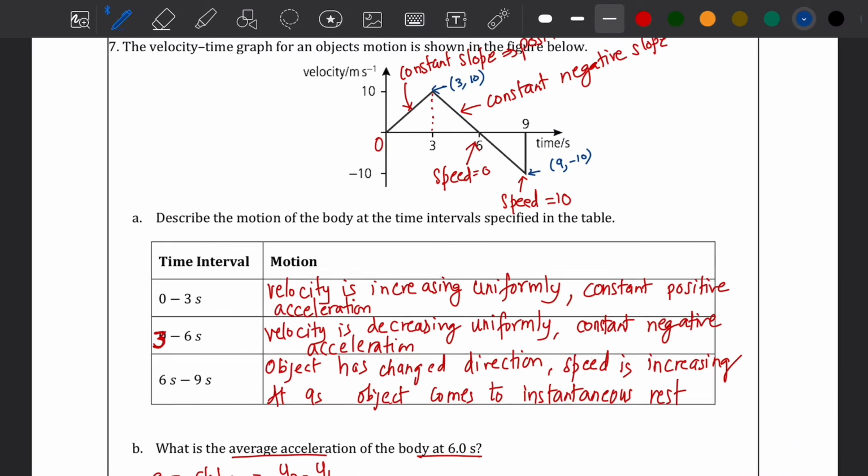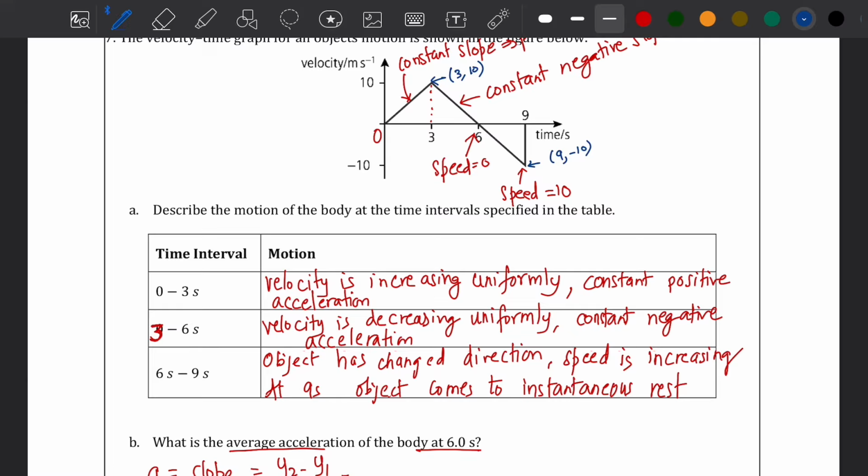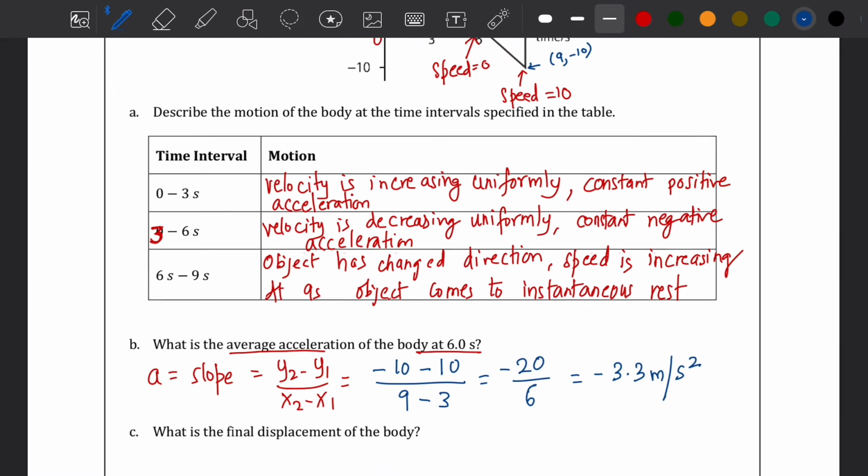So we can write these values: y2, which is negative 10, minus y1, which is 10, over x2, which is 9, minus x1, which is 3. So minus 20 over 6, which is going to give us negative 3.3 meter per second square. That's for acceleration.